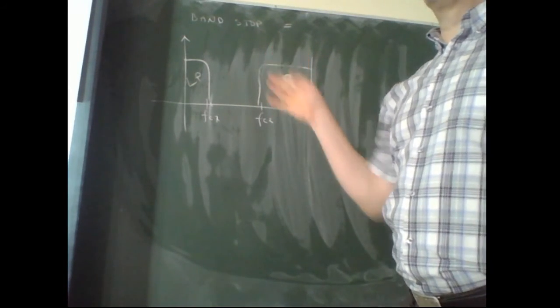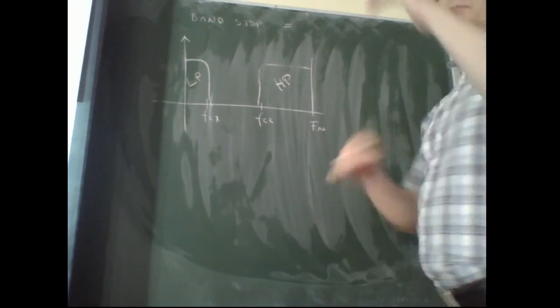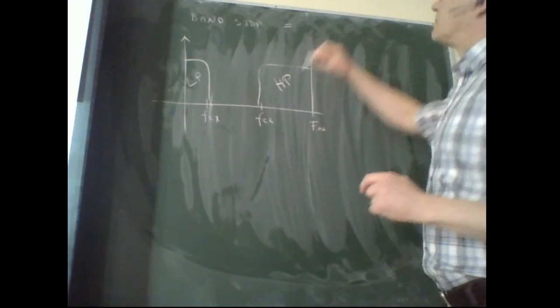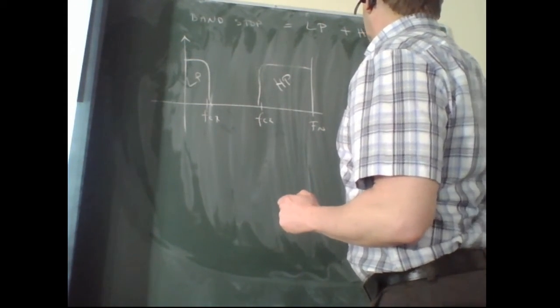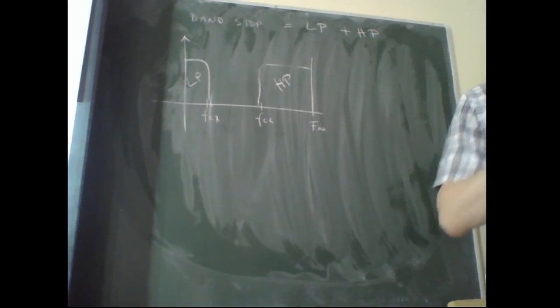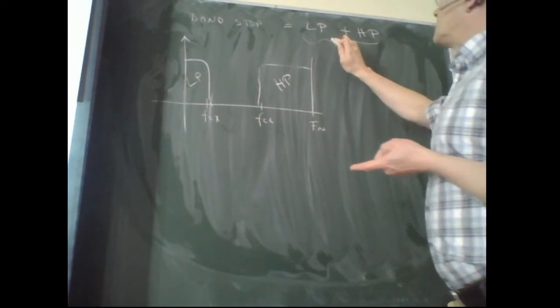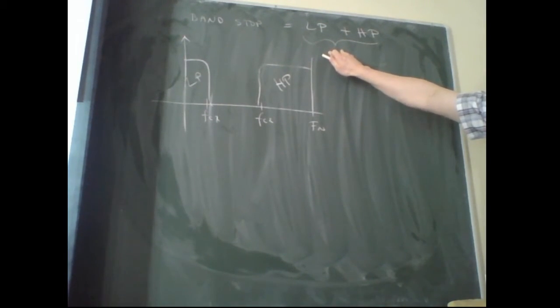If you add filters together, basically it means that they are parallel. One is passing the low pass path and one is passing the high pass path. Low pass plus high pass. Just with the reminder, to make it easier to add these filters together, both systems should have the same order number.